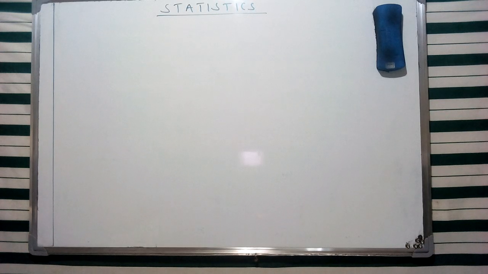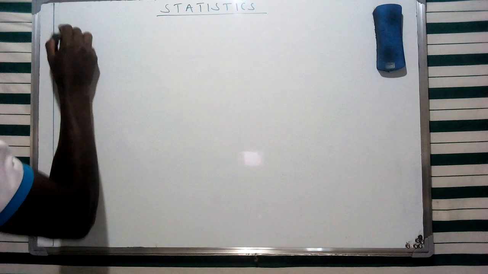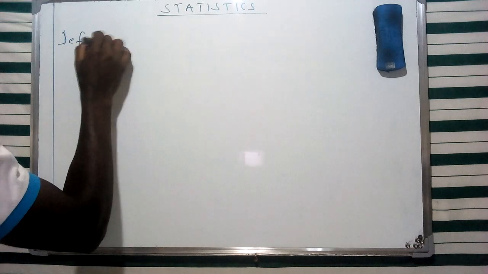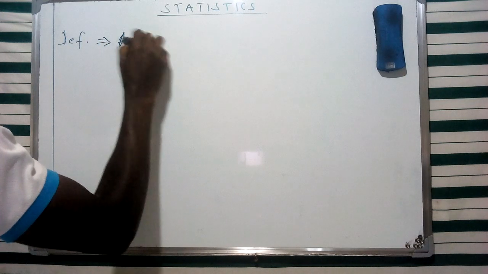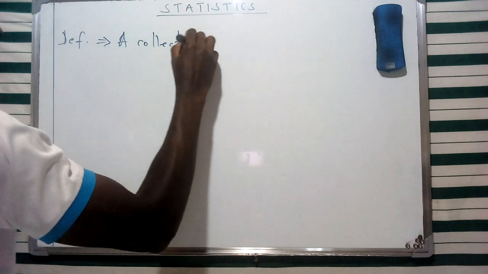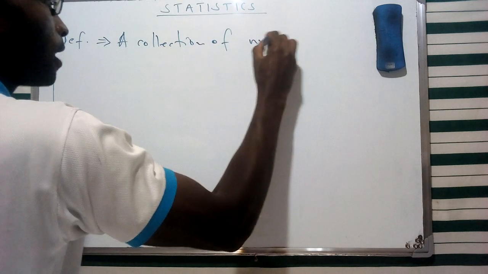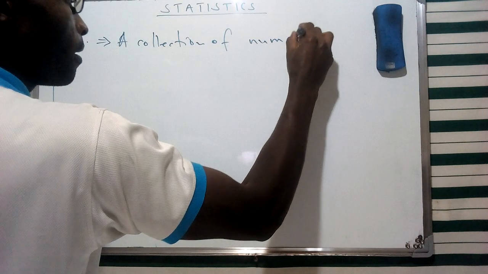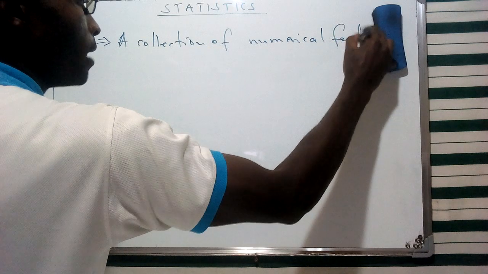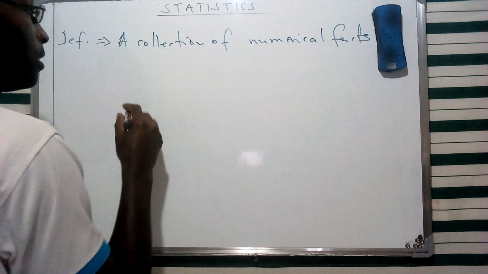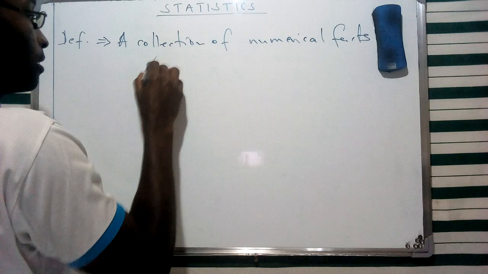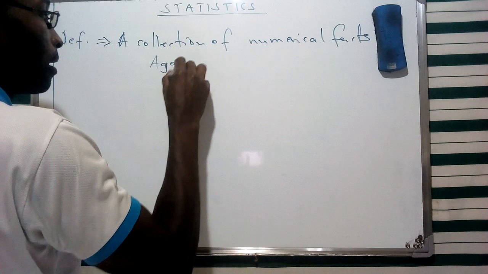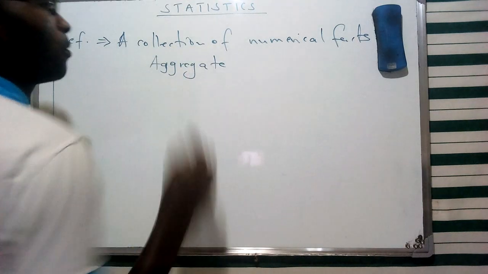So in a sense, the concept of statistics basically refers to a collection of numerical facts. And this, of course, we can as well refer to as an aggregate of numerical facts.